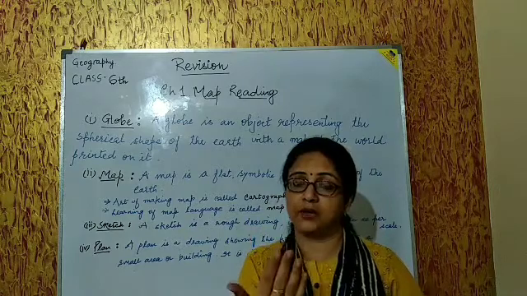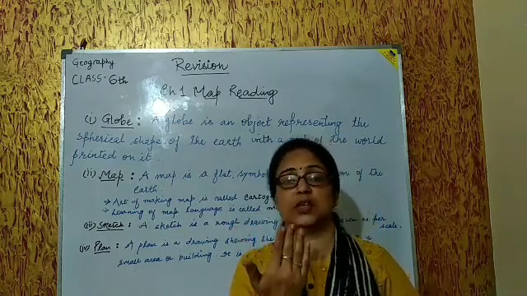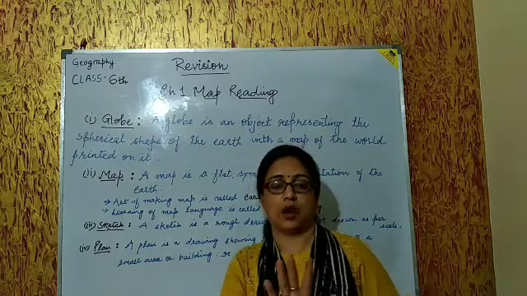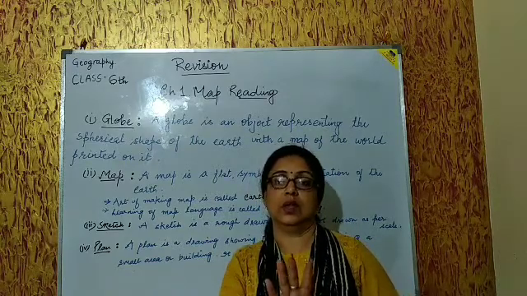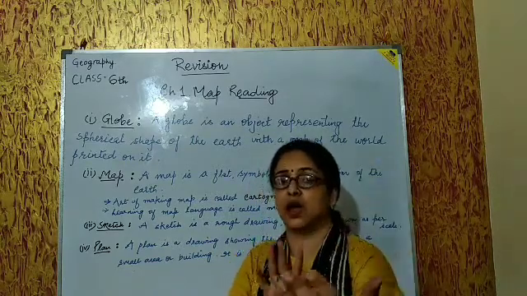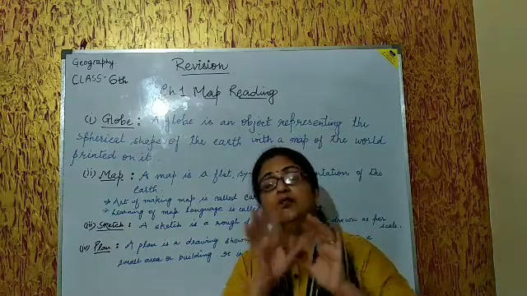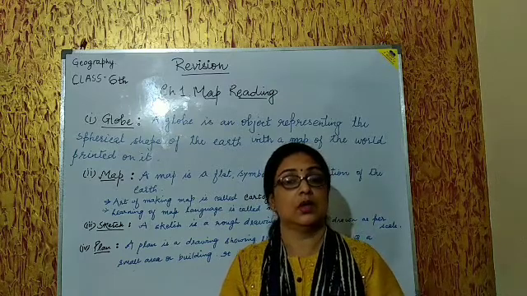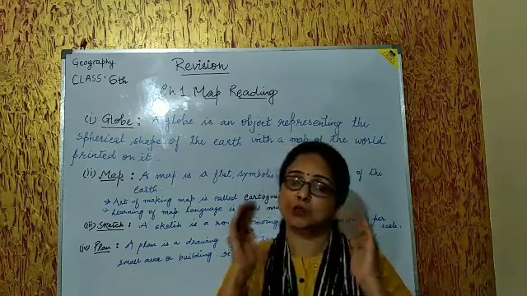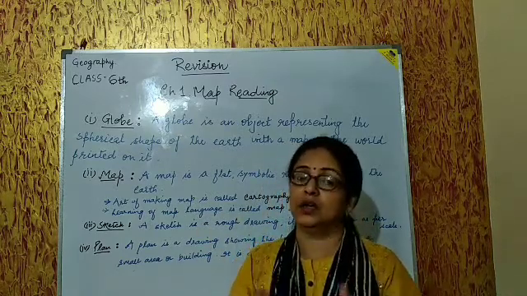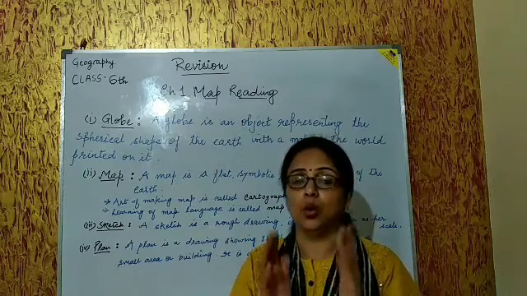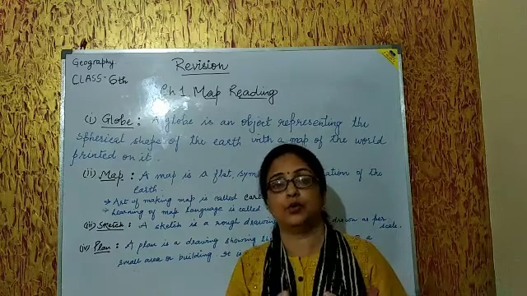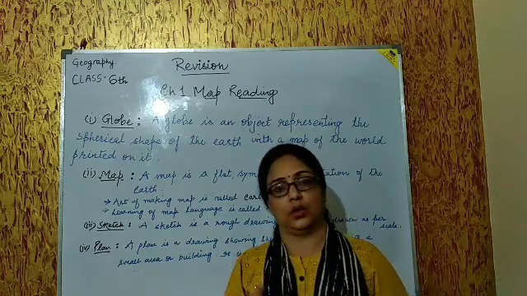The part of the earth which is facing towards us, we can see only that part; the rest is behind. When we rotate it, then we can see the rest of the earth. So the whole world is printed on it, but we can't see the whole world at a time. We have to see by rotating it.